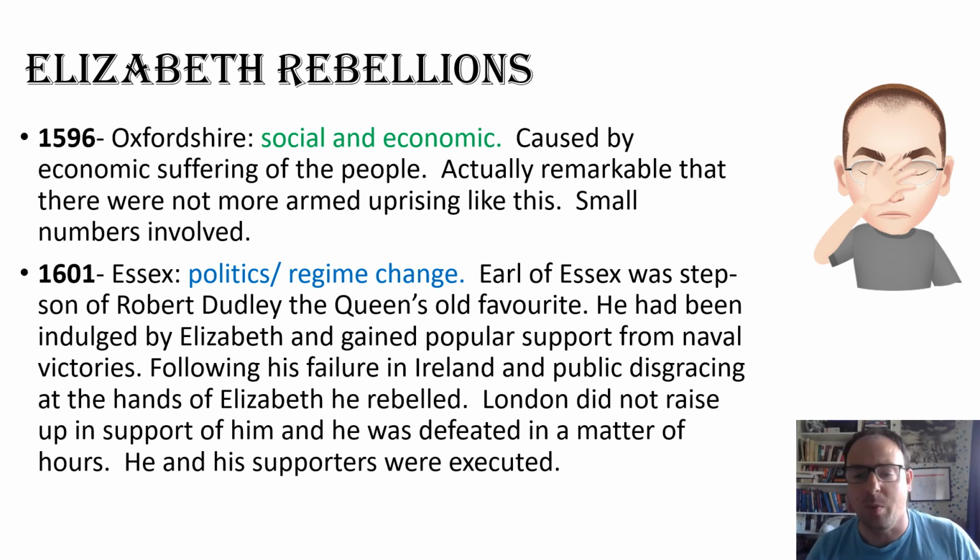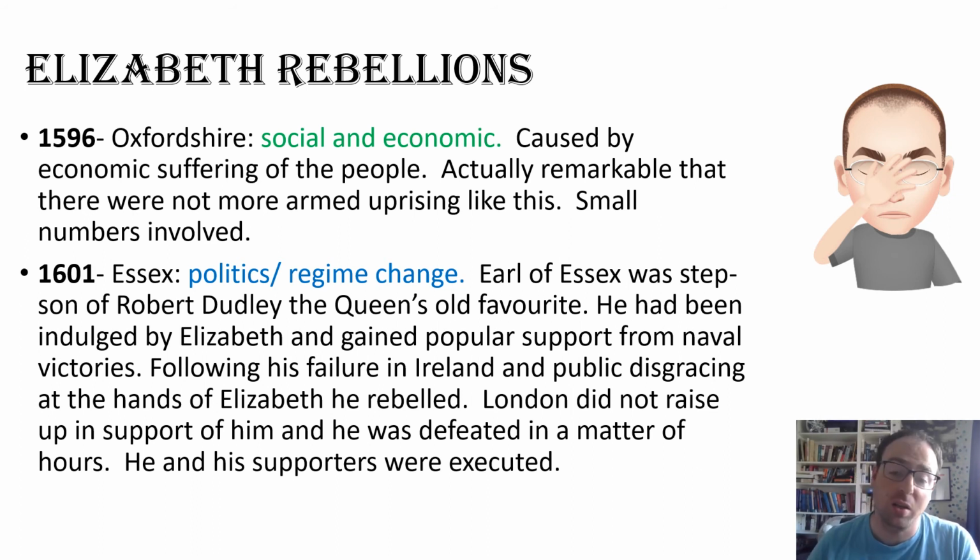But his name had really been sullied by his failure in Ireland, and he'd been publicly disgraced by Elizabeth, and had, for example, his access to his main form of money, which came through a monopoly on sweet wine, and he'd had all his power and privilege and honours and access to wealth stripped away from him, and so he decided to rebel.